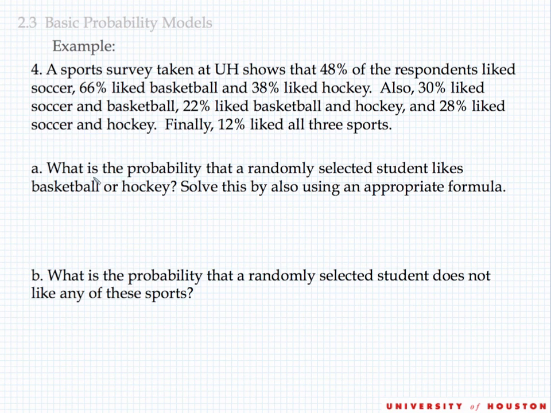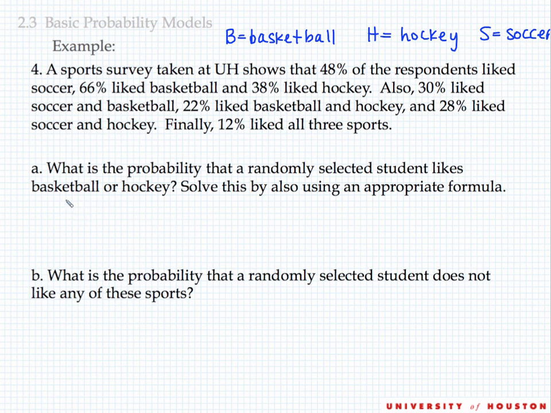So let's look. What's the probability that a randomly selected student likes basketball or hockey? Let's let basketball be event B, hockey be event H, and S in this case will be the event for soccer.